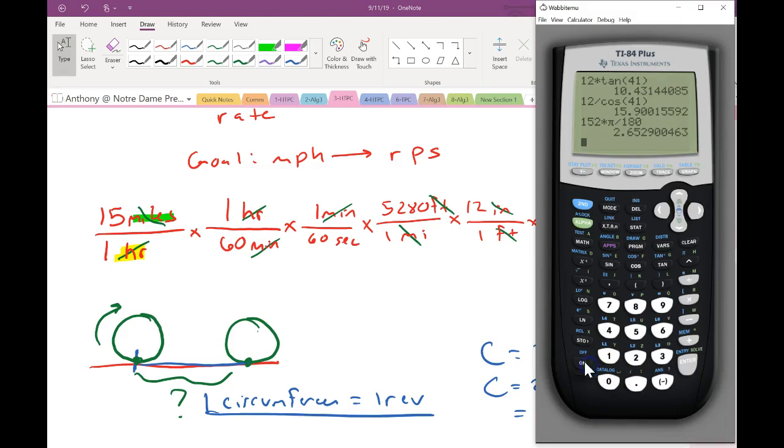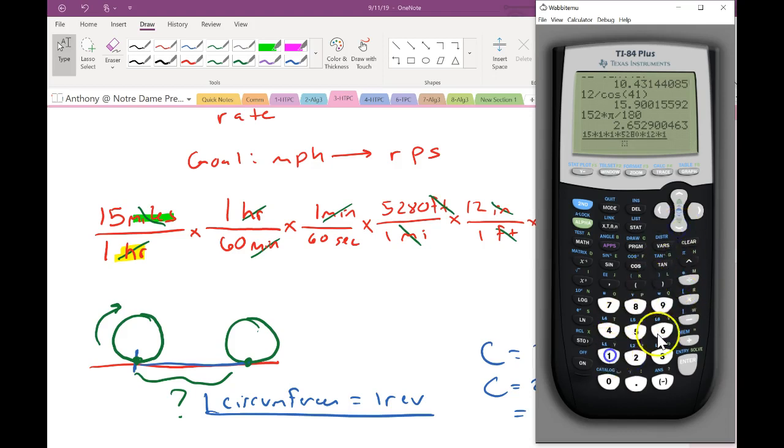So to type this into my calculator, I'm just going to type it in as kind of one giant fraction. So I'm going to do alpha y equals to get that fraction command. And then I'm just going to type the tops all into the top of the fraction. So 15 times 1 times 1 times 5,280 times 12 times 1.